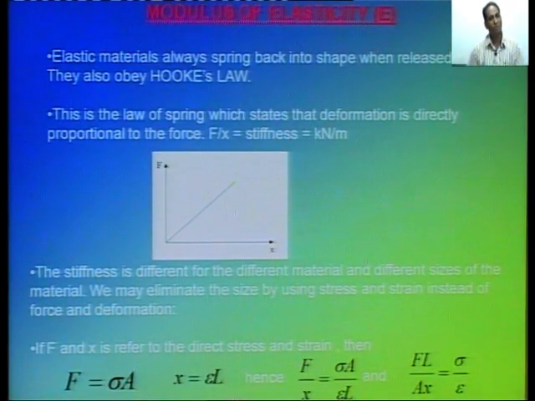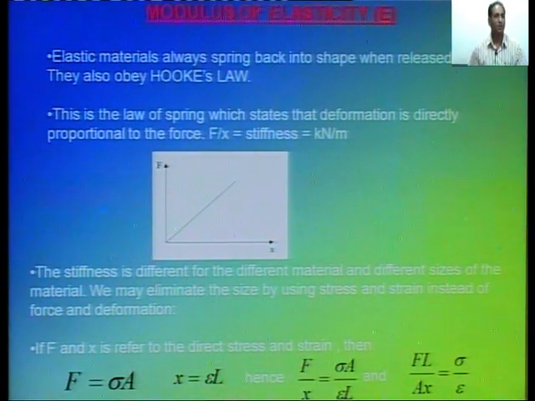This is the law of spring, which states that deformation is directly proportional to the force. Here, deformation means strain is directly proportional to the stress. According to Hooke's law, stress is directly proportional to strain. It depends upon the stiffness of the spring, and stiffness means force over deformation.